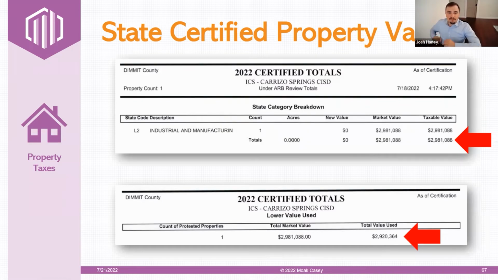But if you want to really nerd out on this stuff and try and forecast where we're going to be at the end of the protest and where we're going to be in late August, there are some tools and some resources in that packet that you get from your CAD.